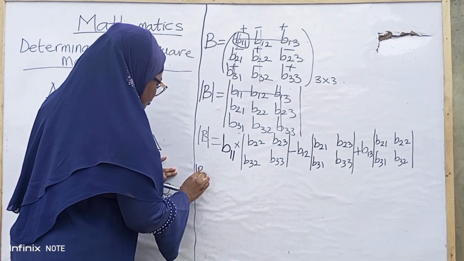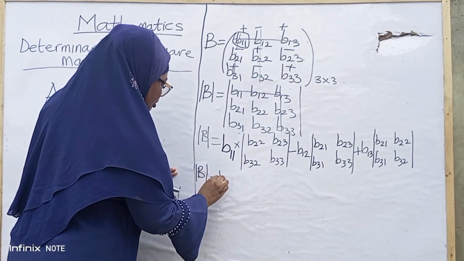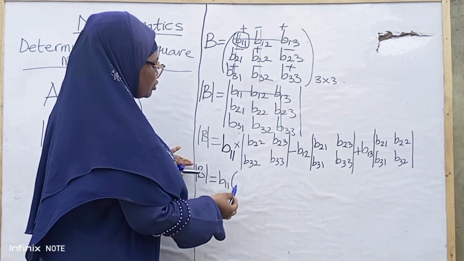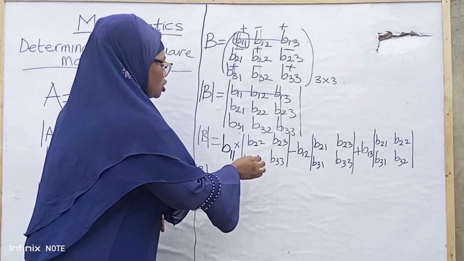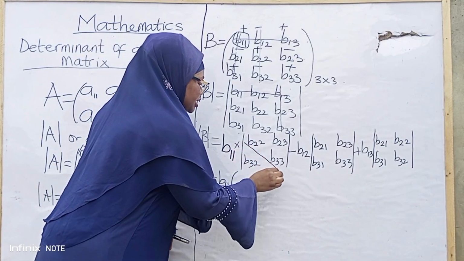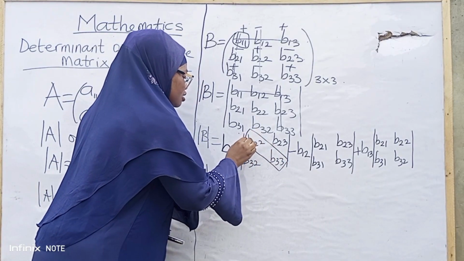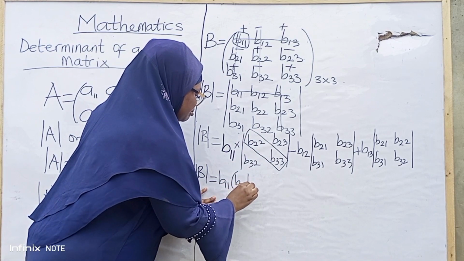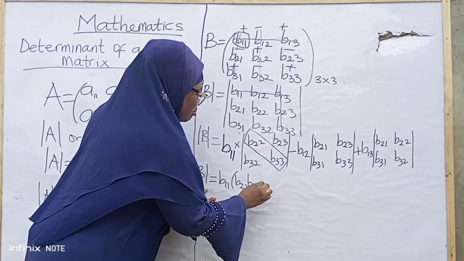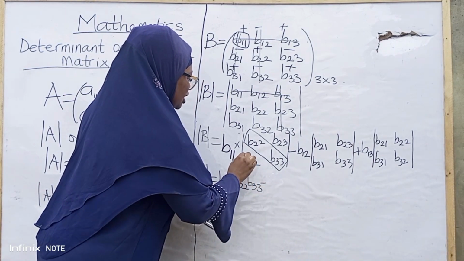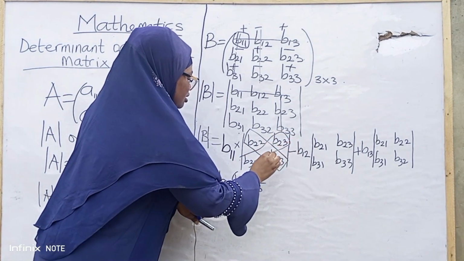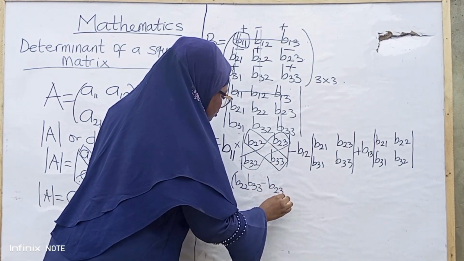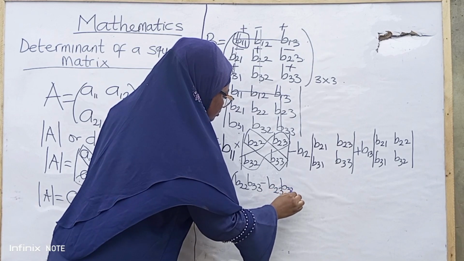So the determinant of B will be equal to B11 multiplied by the determinant of the 2 by 2. You multiply the elements in the leading diagonal together, which is B22 multiplied by B33, minus the multiplication of the elements in the second diagonal, which is B23 times B32.